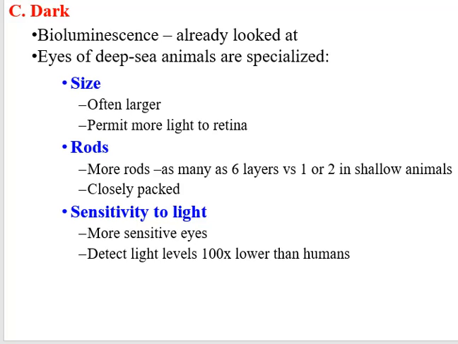And so they're very sensitive to even tiny little levels of light. There's a lot more rods, and they're in layers as opposed to just one layer. You could have 6 layers of rods versus 1 layer, sometimes 2 layers in shallow water organisms. And there's a lot more rods, and they're all packed together.